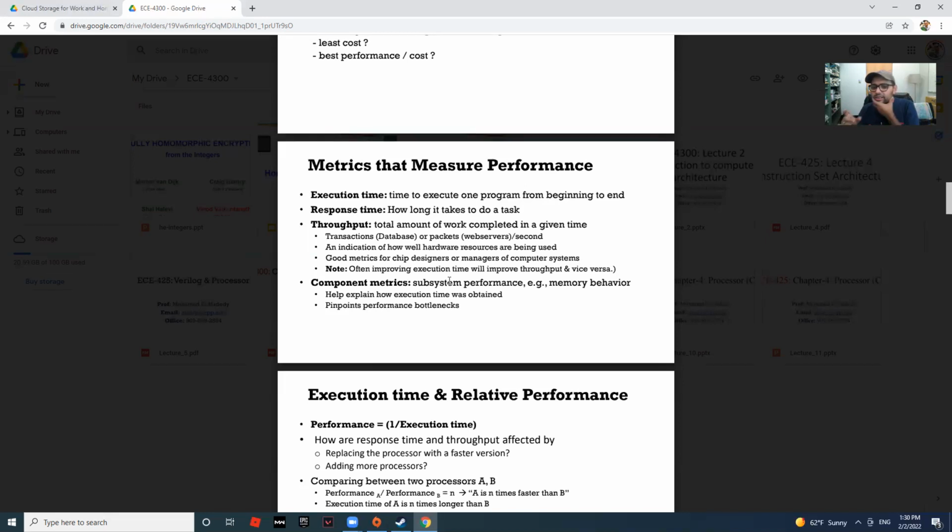And you need to know there are two different times: elapsed time versus execution time. The elapsed time basically takes the whole system into consideration. What does it mean? For example, I'm collecting something from a sensor connected to my computer using an SPI interface, and that takes some time to move the data into a certain location in the memory.